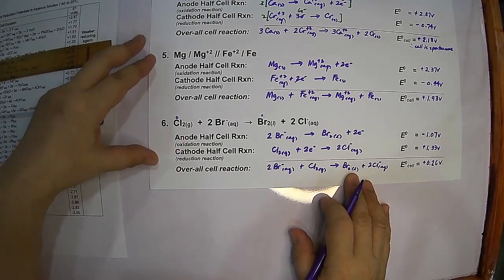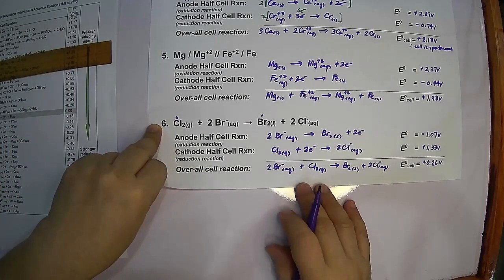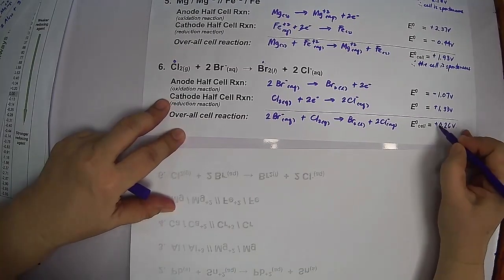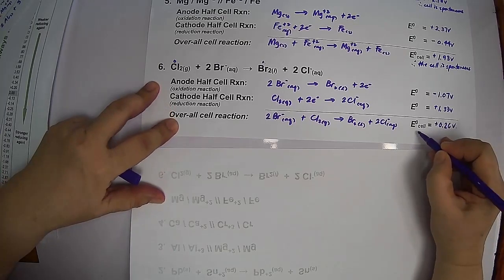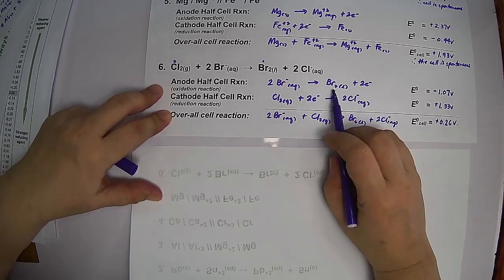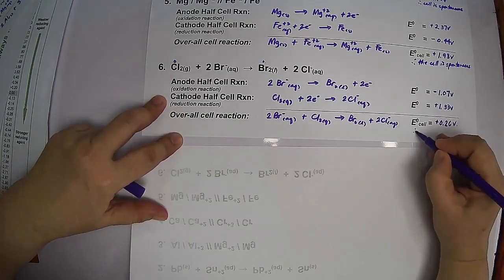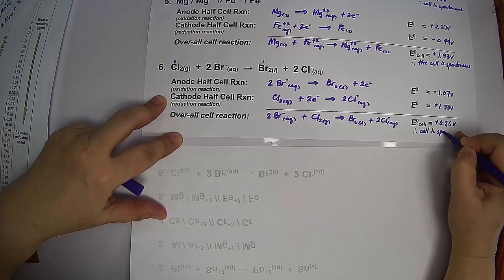Both electrodes are made of inert platinum. Then we have a positive potential for the cell having an anode with bromine and the cathode chlorine. Therefore, the cell is spontaneous.